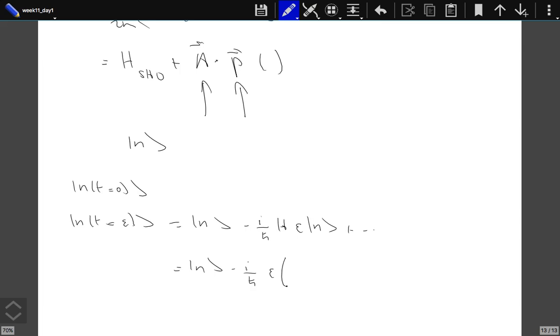Your Hamiltonian now contains an h bar omega term, this is due to this part. The other part will just cause your state to acquire an n plus 1 and n minus 1 with certain coefficients.